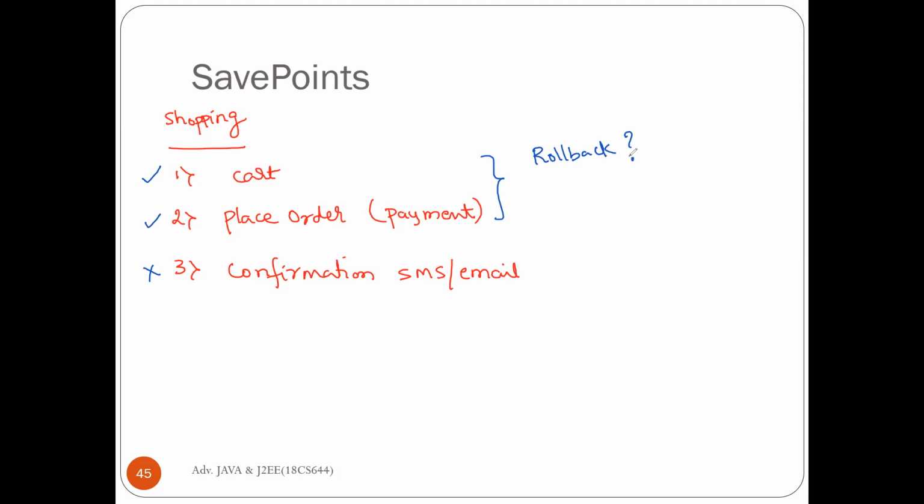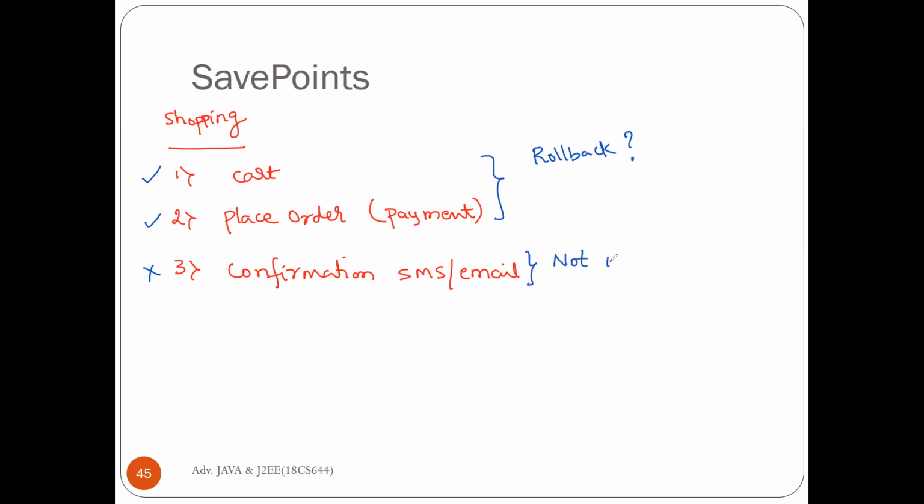But in a real world scenario, if payment has succeeded and the order has been placed, even if the confirmation email is not sent, we can send it once again when the server is up and running. So this part of the transaction is not that important.